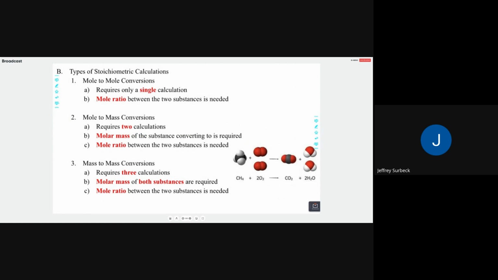So we'll start out given moles. We say, hey, find the mass in grams of this specific substance. And then we'll use our final one, the most complex just because it involves three different conversions. You start out with grams of an initial substance and you end with grams of the substance that's in the problem.